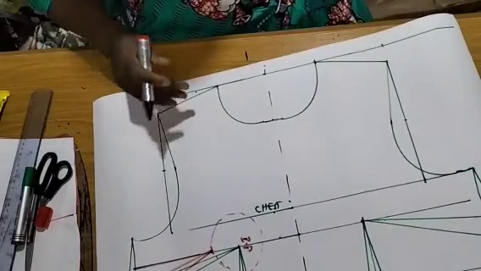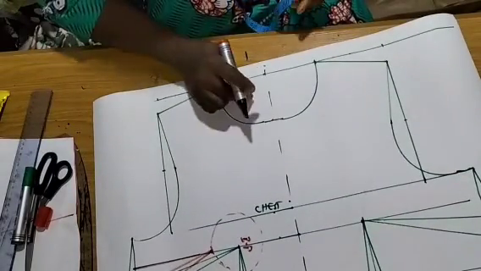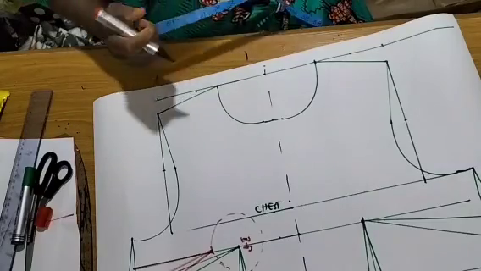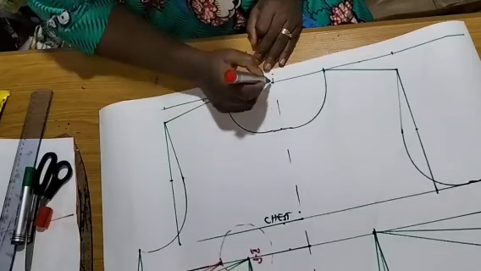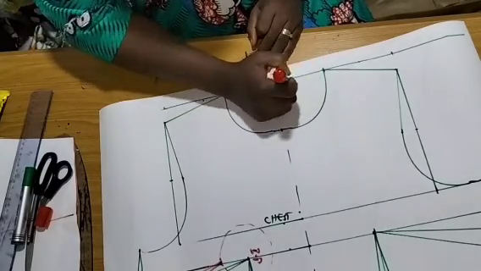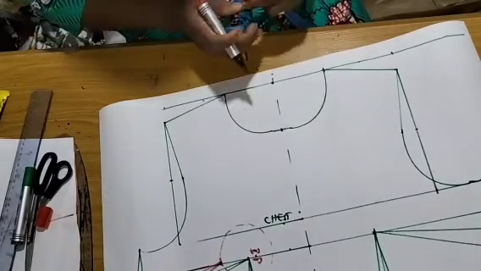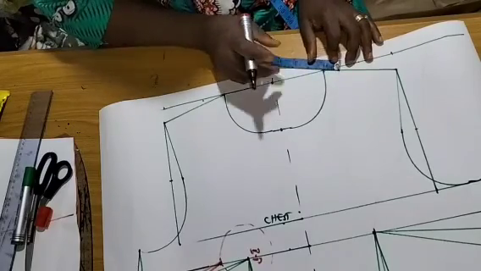The next thing I want to do is recreate the neckline. What I have here is my natural neckline, which is bust divided by 12. I have 3.25 here, 3.25 on the depth, the same here, to form my neckline. But now I want to create the actual neckline.